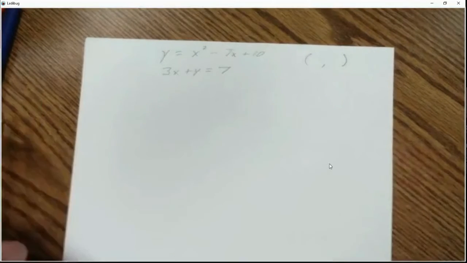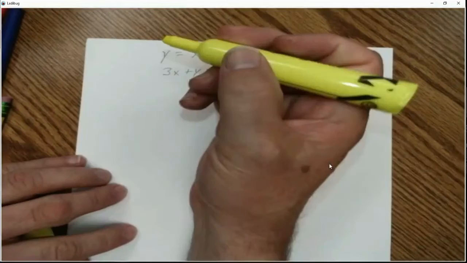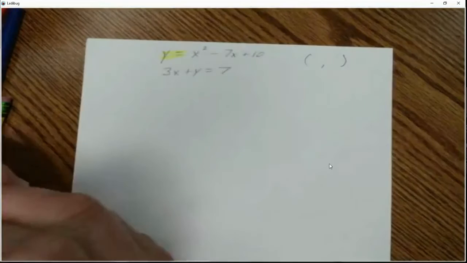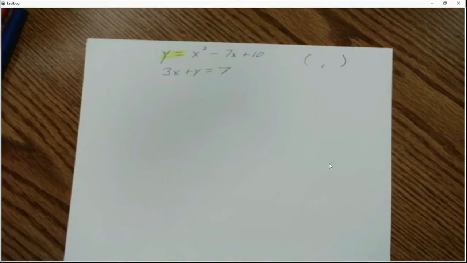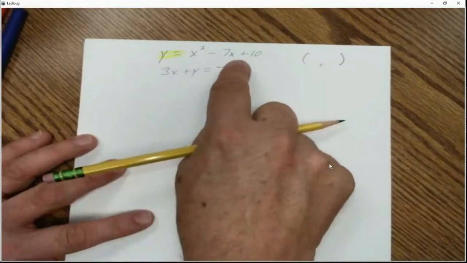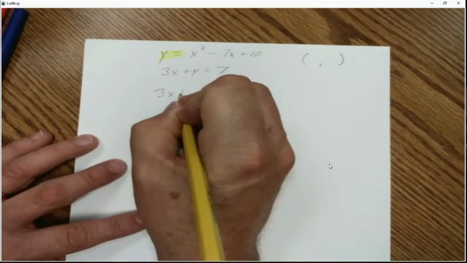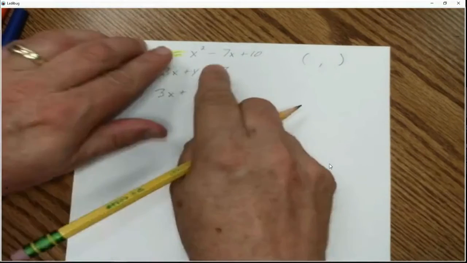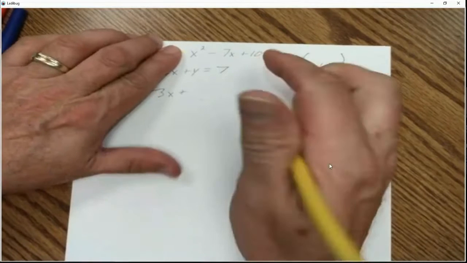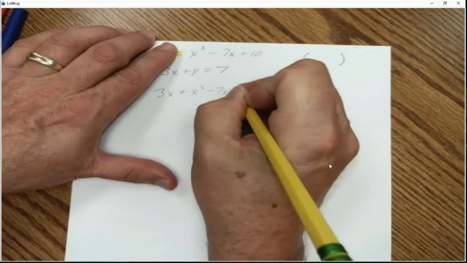So in this case, the first thing I notice is I already have one of mine in a y equals form, which makes it look perfect for substitution. Since that's what y equals, I'm going to substitute that into this second equation. So I've got 3x plus, and instead of y, I'm going to put what y equals: x squared minus 7x plus 10.